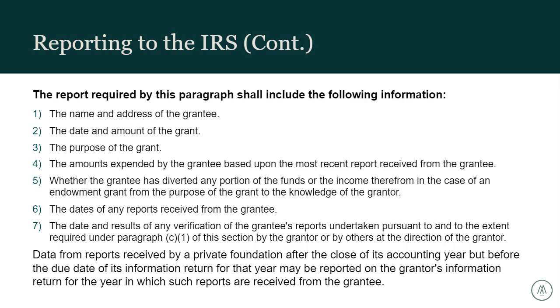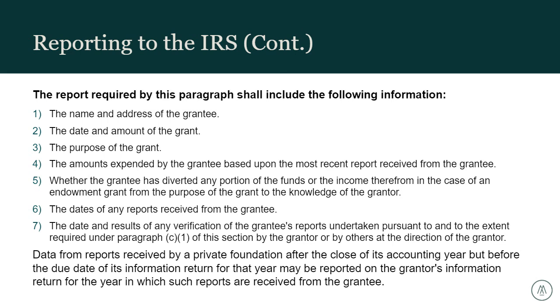So the name and address of the grantee, it would match up really with Part 14 where grants are listed, the date and amount of the grant, its purpose, the amounts that have been expended during the year, and any most recently received report from the grantee.